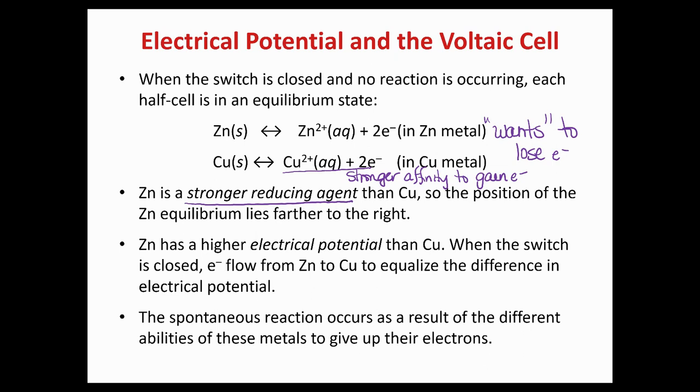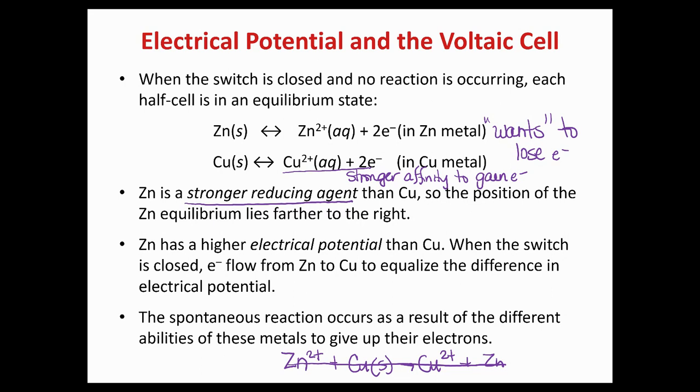Okay, so a spontaneous reaction will occur only when the species that has a strong affinity to gain is being reduced, and the one that has a strong affinity for oxidation is oxidized. In other words, if we tried to do this, zinc 2+ and copper, in this direction, that's a no-go.